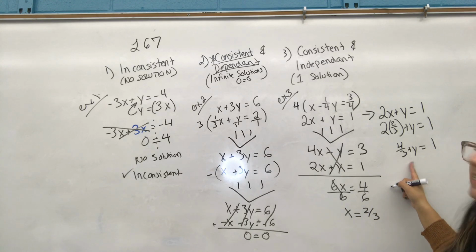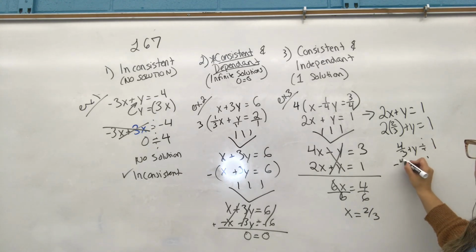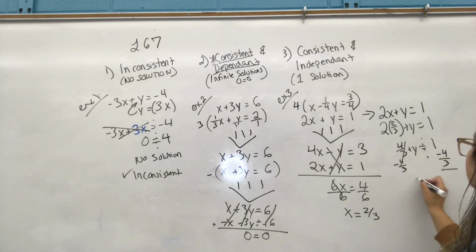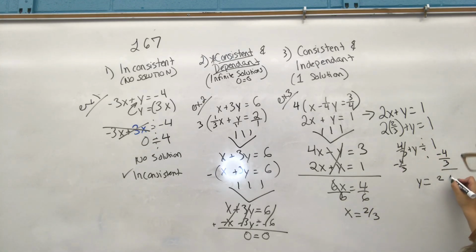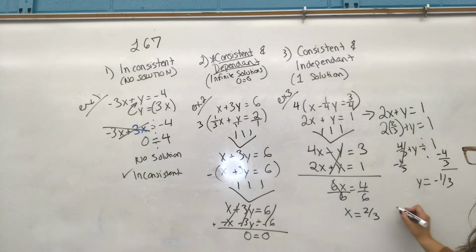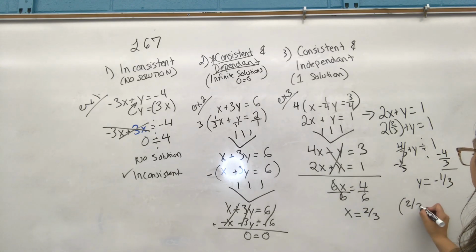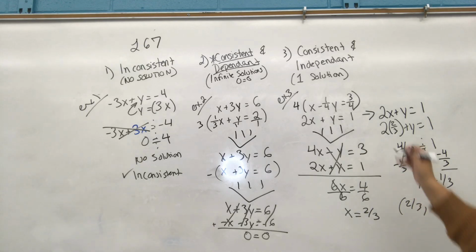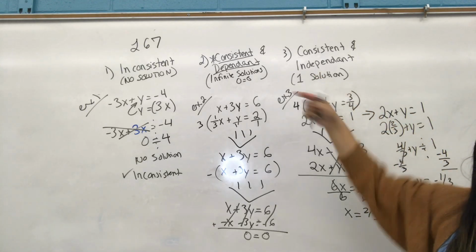To get the y by itself, you subtract 4/3 from both sides. And you get y is equal to -1/3. So your solution is (x, y) equals (2/3, -1/3). That means you have one solution, and that's all.